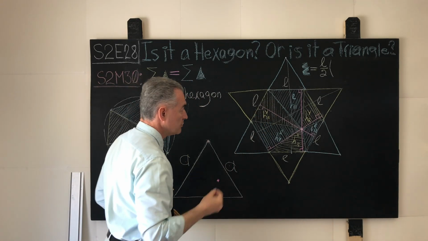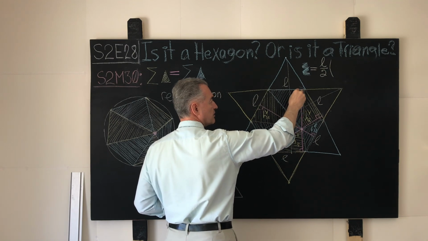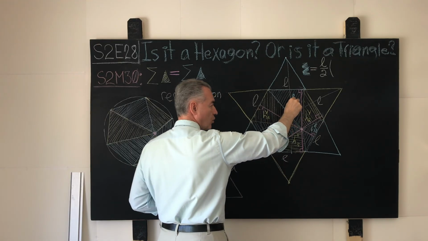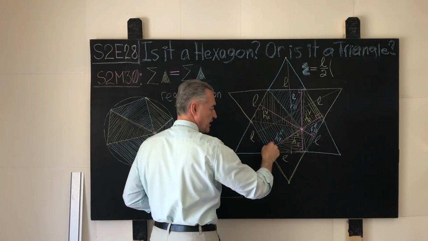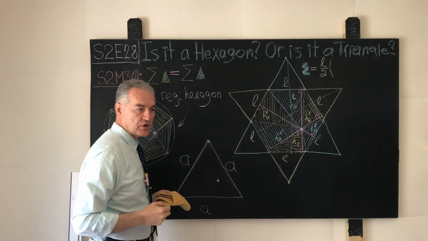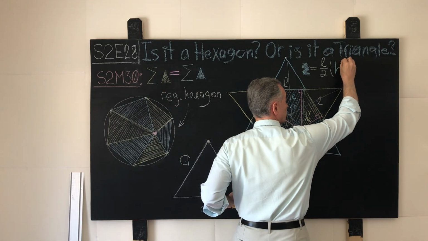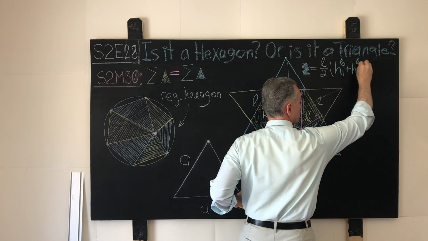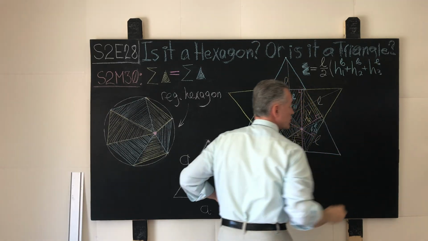Just for demonstration purposes, I will write H1 with superscript B for the height of the blue triangle 1, H2B for the height of the blue triangle 2, and H3B for the height of the blue triangle number 3. So here we will have H1B plus H2B plus H3B. That much should be understood.